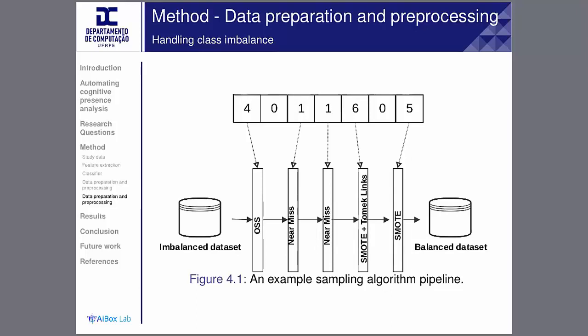And for that, we use an optimization algorithm called genetic algorithm to evolve solutions iteratively and give us the best pipeline for a given imbalanced data set, so we can use the classifier to test if the balanced data set is good or not. So we created a hybrid and optimized method that, for a given imbalanced data set, gives us a balanced data set in the end.